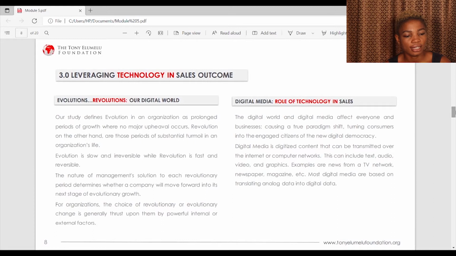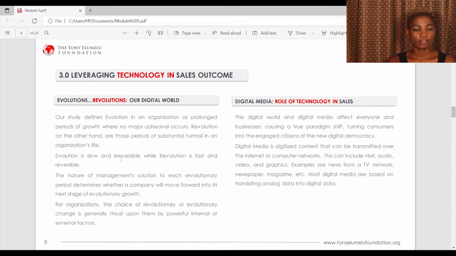Leveraging technology in sales outcome. Evolution, revolution, our digital world. Our study defines evolution in an organization as prolonged periods of growth where no major upheaval occurs. Revolution, on the other hand, are those periods of substantial turmoil in an organization's life.